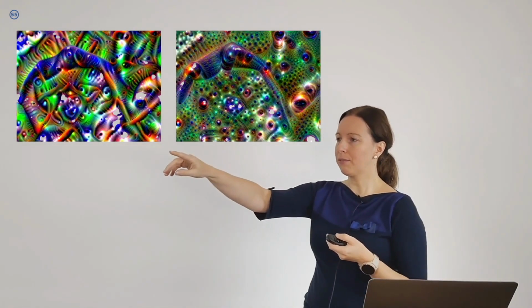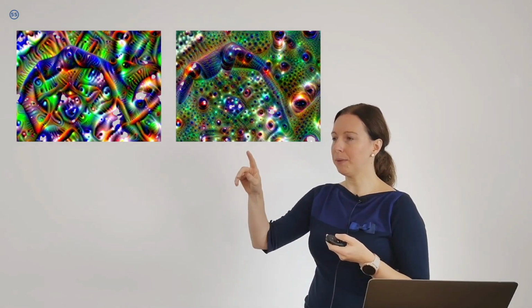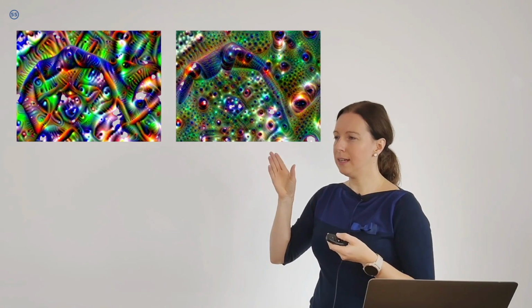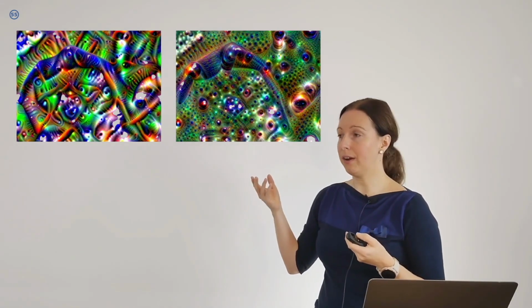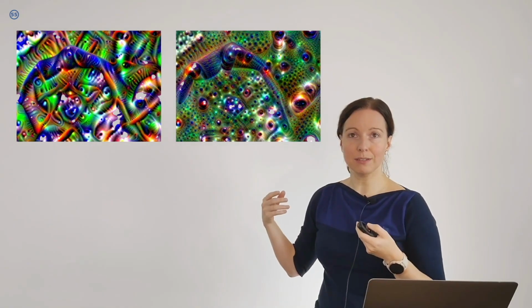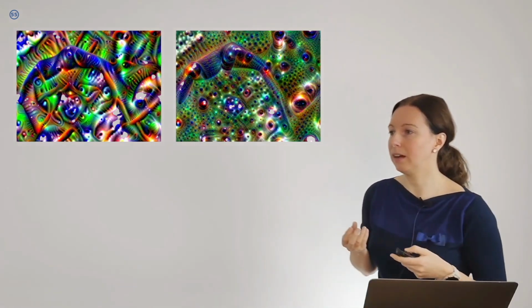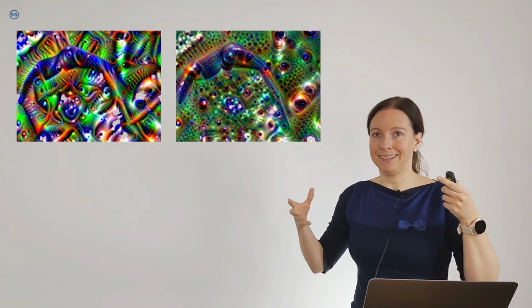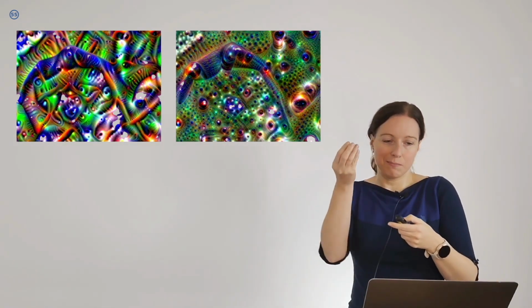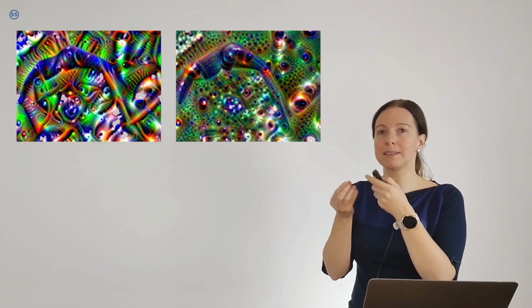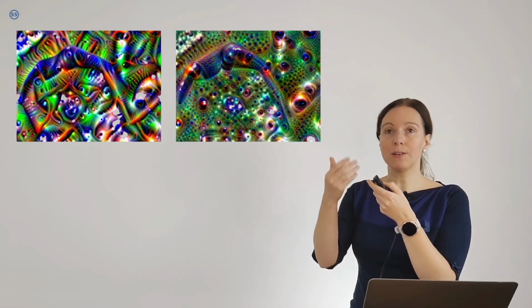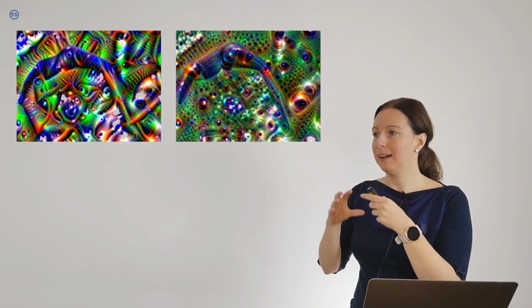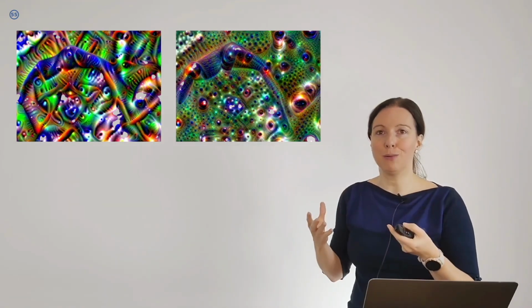So this is from an intermediate layer, and this is from an even later layer. And what you can see here, this is happening very often, also with other images, which you can see in the literature, that eyes appear. So if you have maybe some circular structures in the input image, this is amplified, and it turns into eyes.